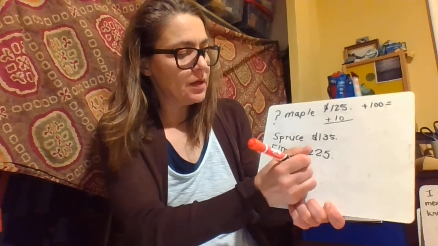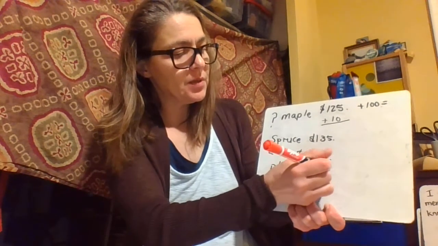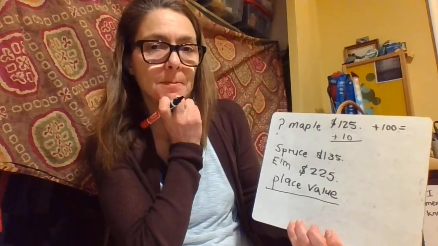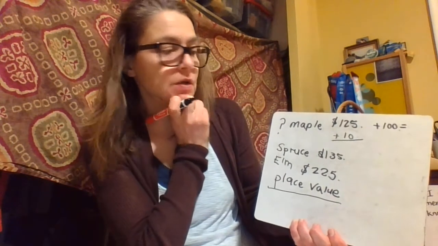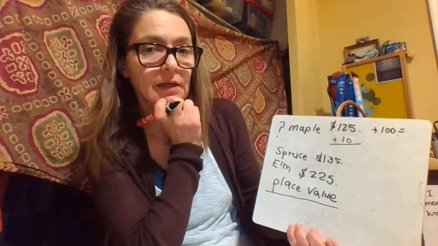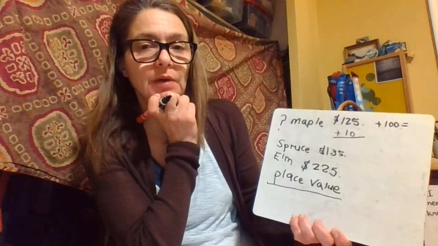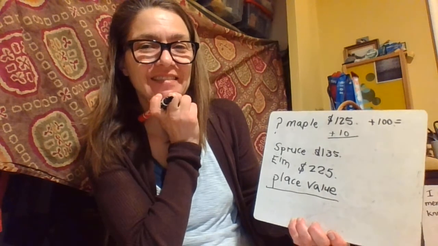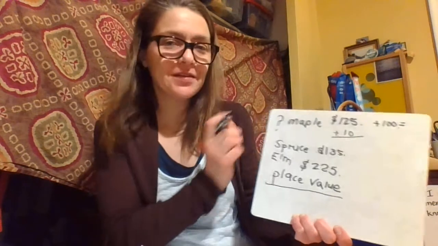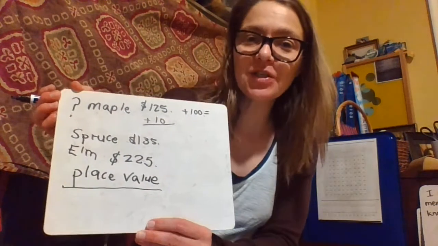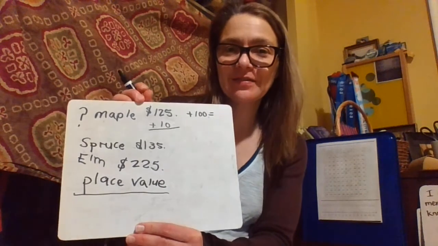And what did we learn in the last unit to help us explain using place value? What's happening? Which digits are changing when you add 10? And which digits are changing when you add 100? Okay, and I'll let you think about that because that's where your answer lies and that's how you explain your thinking. Which digits are changing.